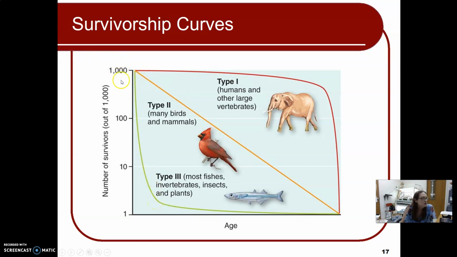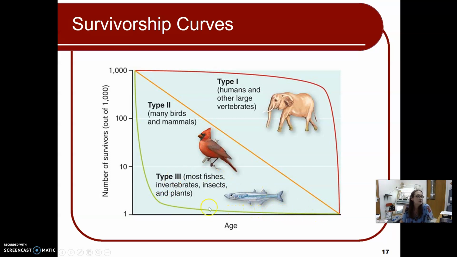Okay, these are the number of survivors. So these are the number that survive to what? Let's say age 5. So most of the individuals in these type species die before they even hit 5 years old. Okay, but once they kind of hit that golden age, they tend to last. They tend to stay for a long, long time.